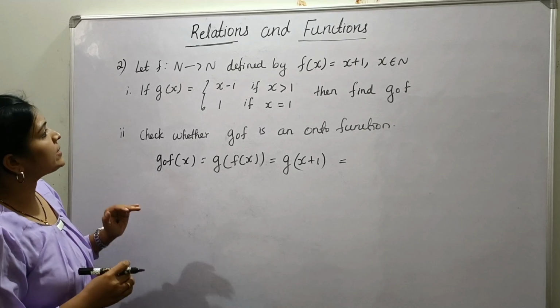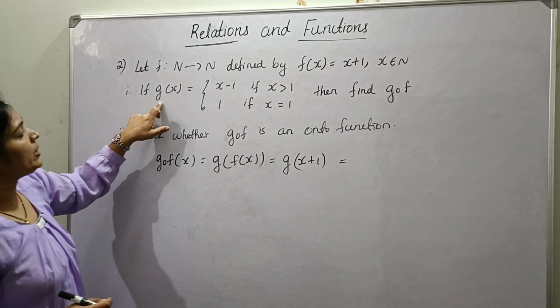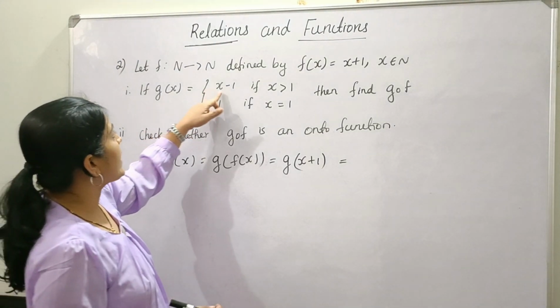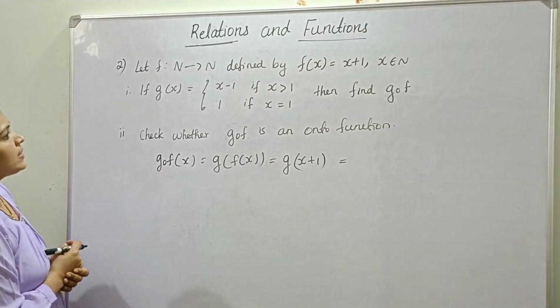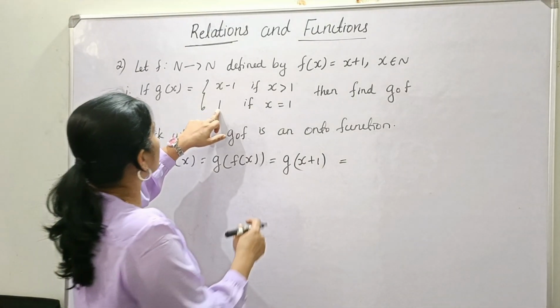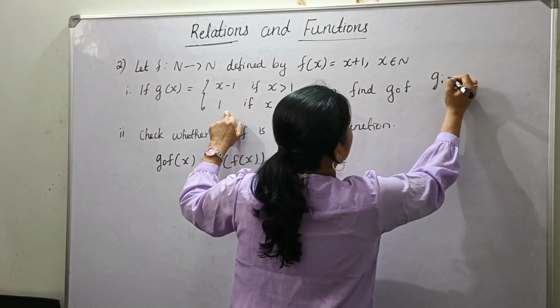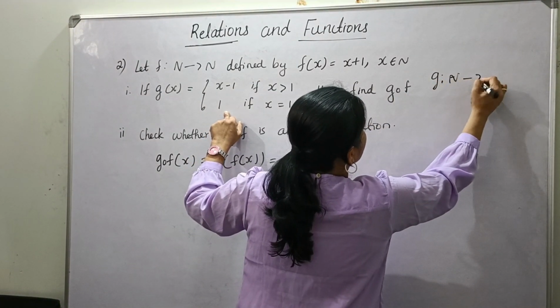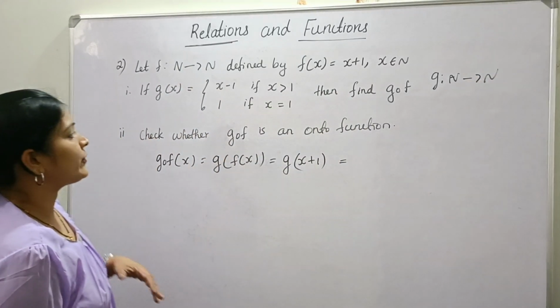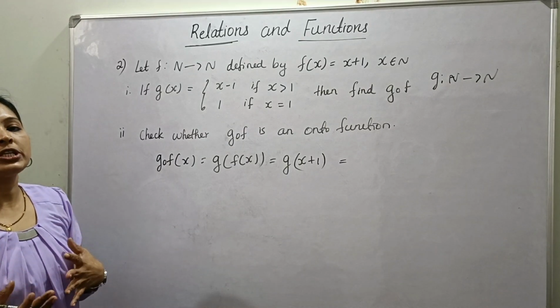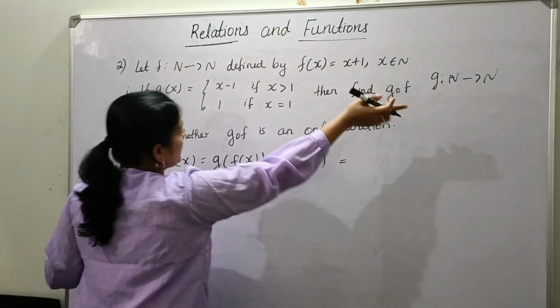The function g is defined by g(x) = x − 1 if x > 1. This function is defined g from N to N and f from N to N. Therefore, the function g composite f is from N to N itself.